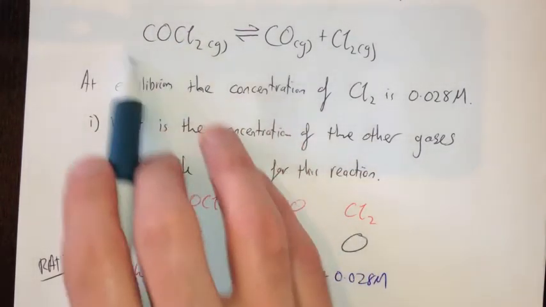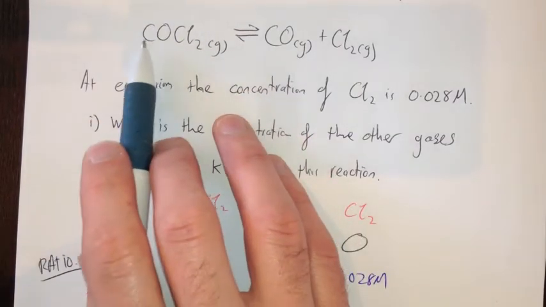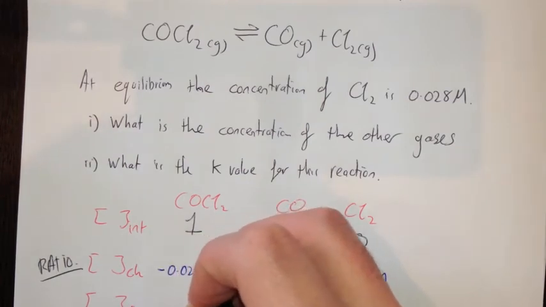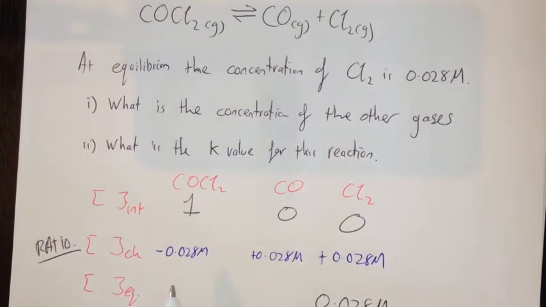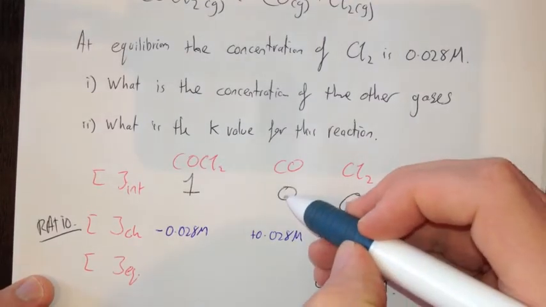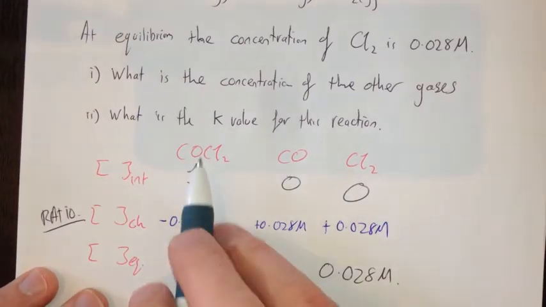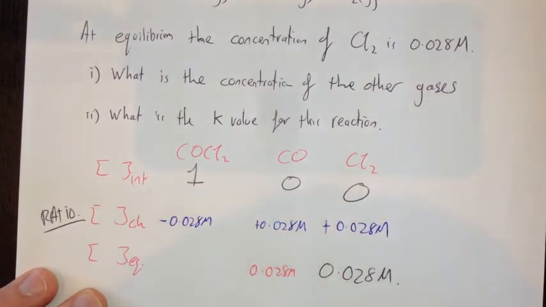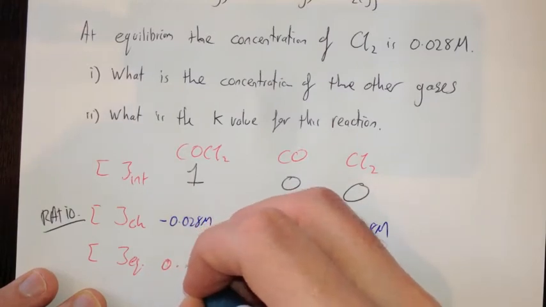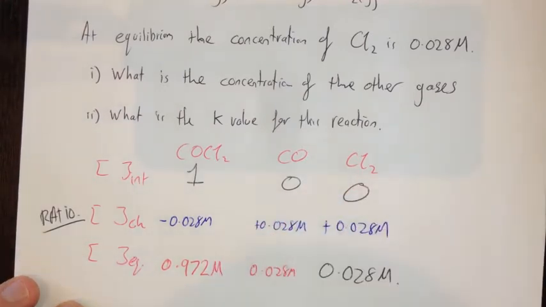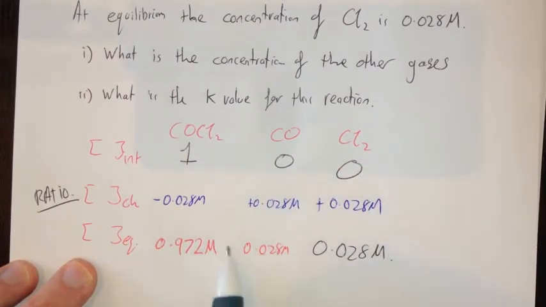And that means phosgene has gone down by the same amount that these have gone up, so minus 0.028 molar. At equilibrium, 0 plus that much is 0.028 molar, and then 1 take away this much is 0.972 molar.